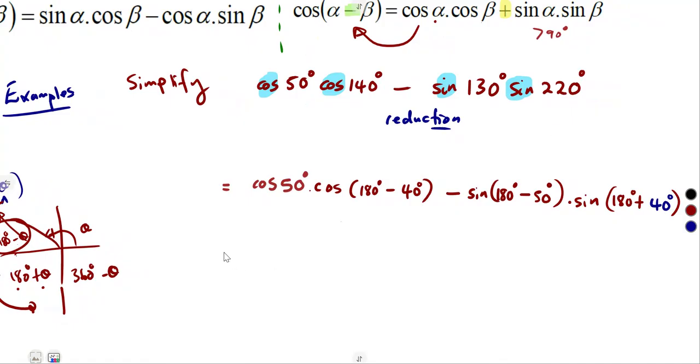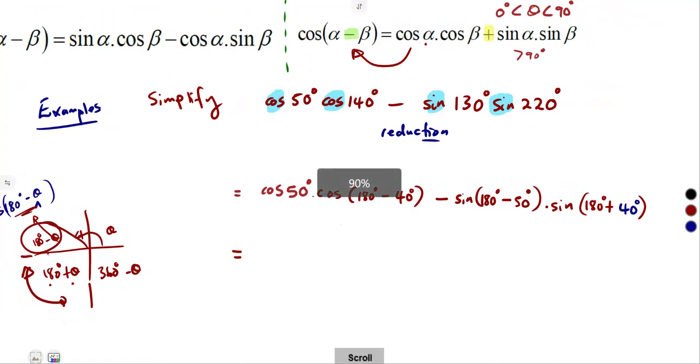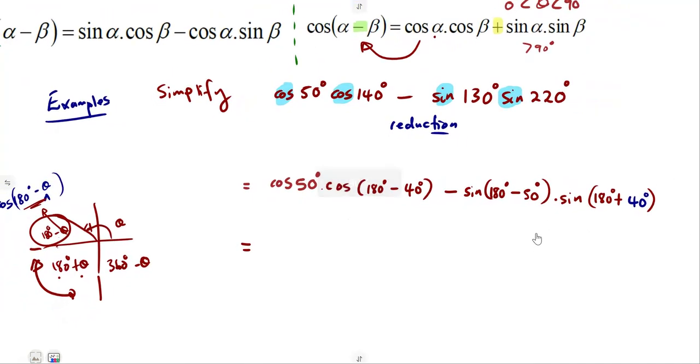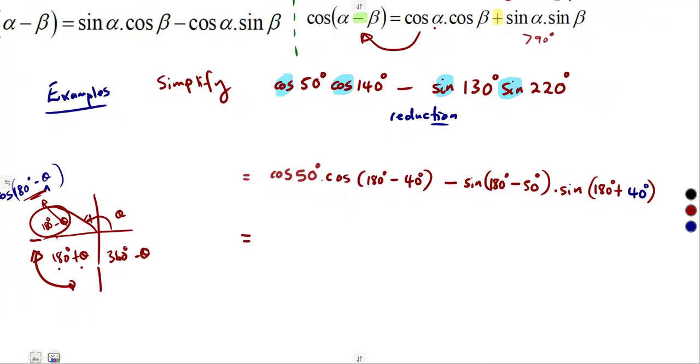So let's then reduce our trig ratios that you're given here to the simplest. Cos 50 is still in simplest form, there's no effect here. Cos 50 times cos of 180 minus 40.